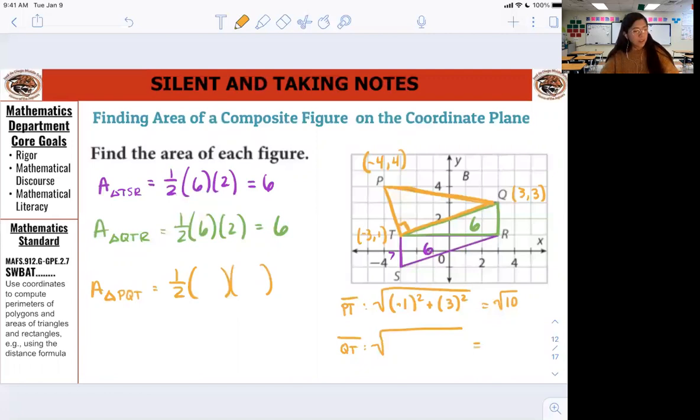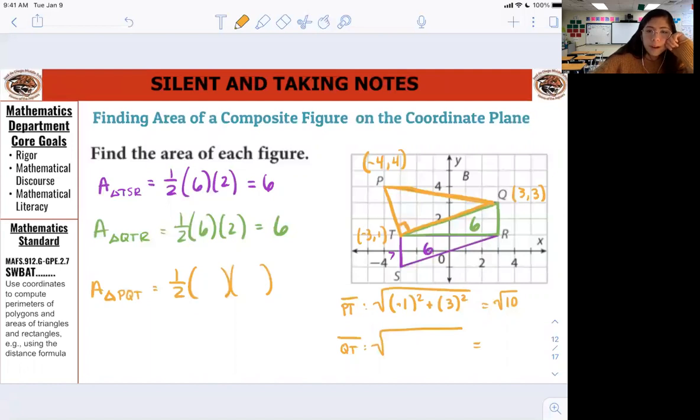Jalen has numbers. Are they the right numbers? Square root of 8. Okay, let's find out. For QT, I'm doing 3 minus -3.